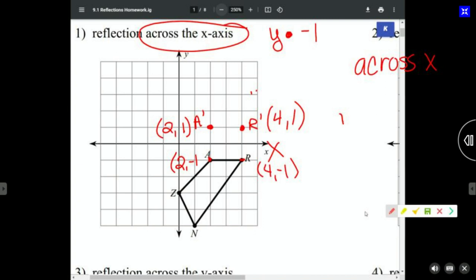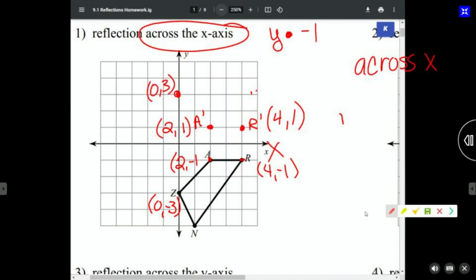We're on problem 1, right there. So what's the coordinate on Z? X is 0, Y is negative, so my Z prime is going to be 0, positive.